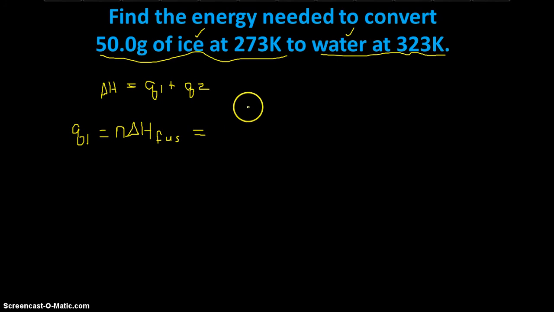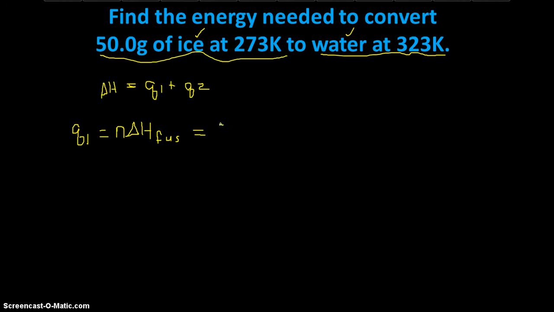Well, we used delta H fusion in a previous problem. I'll just use it here. If I were giving this to you on a test or something, I would give you that value. But you could also look it up in your notes if it's not a test. But what we do need to know that's not given really is the moles of the substance. Now we do know the mass, and so we should be able to find this.